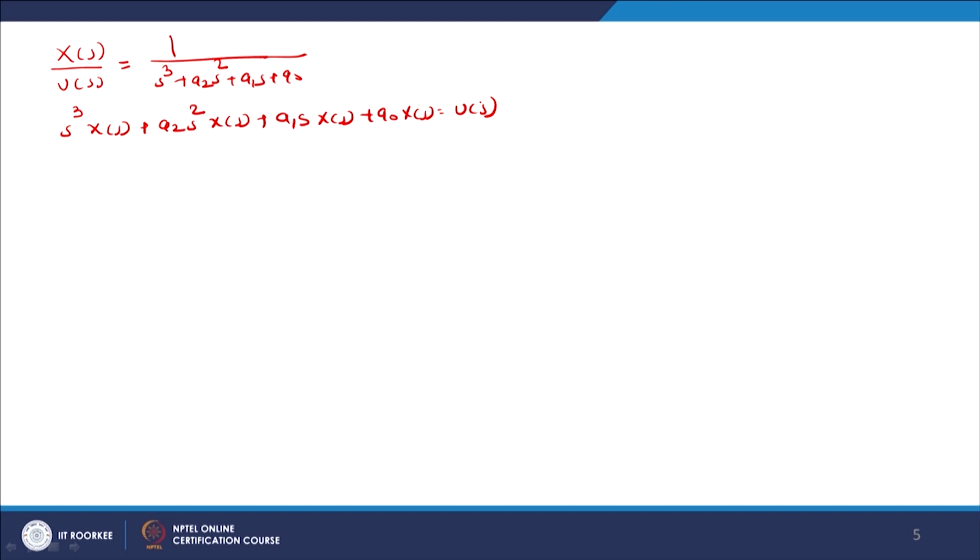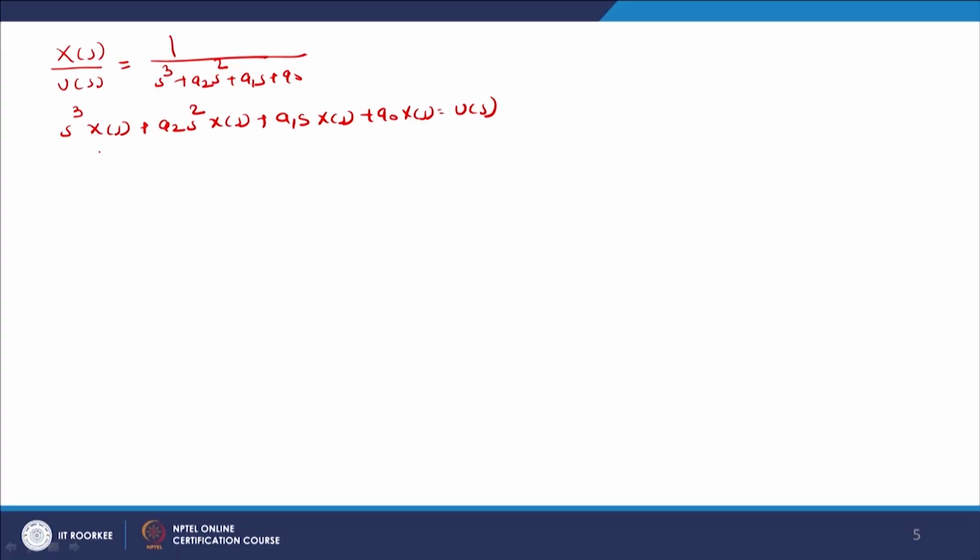We will apply inverse Laplace transform assuming initial conditions to be 0. So we will get x triple dot t plus a2 x double dot t plus a1 x dot t plus a0 x of t equals u of t.